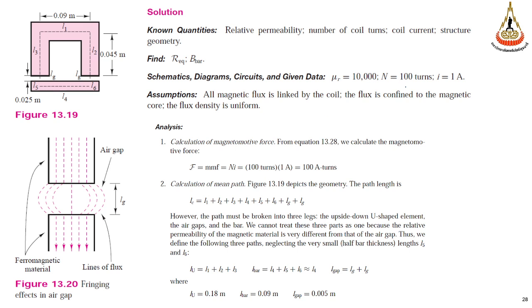In this case, N is 100 turns and the current is 1 ampere, so it is 100 ampere-turns. Okay, and the path will be Lc, which is L1 to L2, plus 2 air gaps, right? This is the length of the air gap. Lg, we have 2 Lg like this.